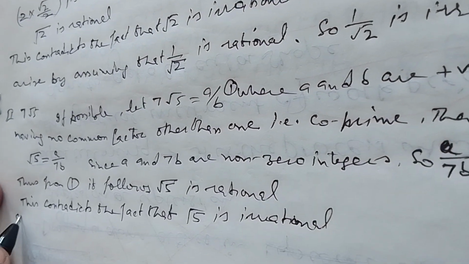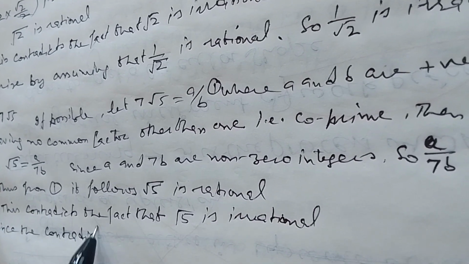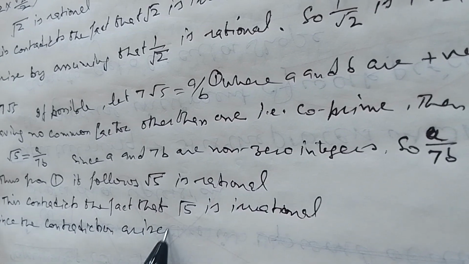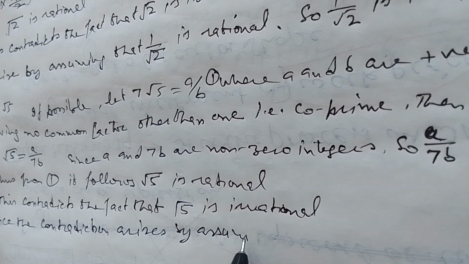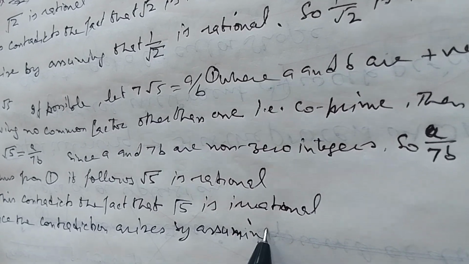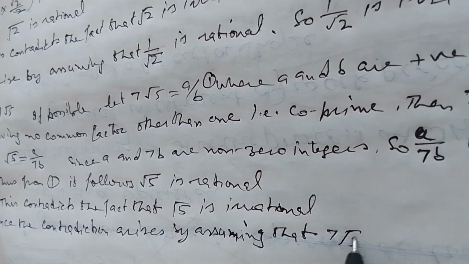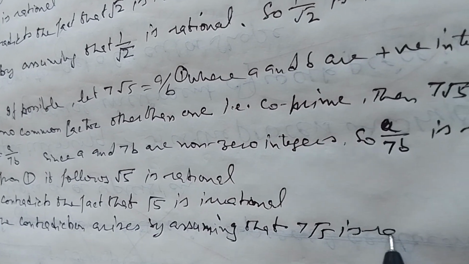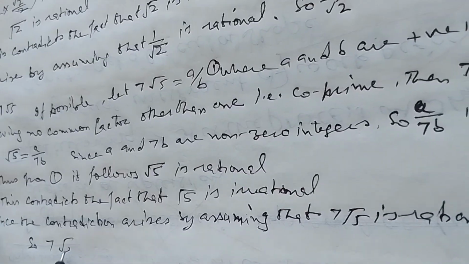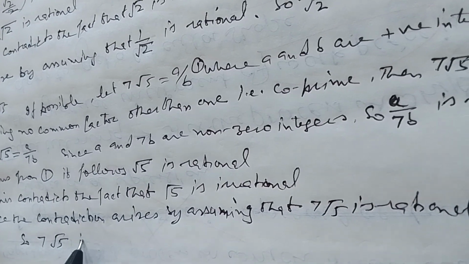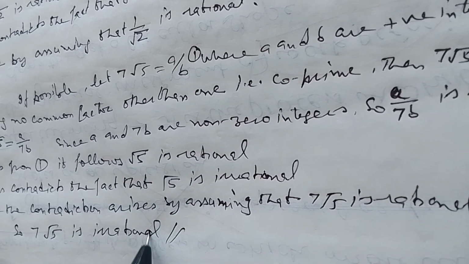Since the contradiction arises by assuming that 7 root 5 is rational, so 7 root 5 is irrational. So this is the second part of the third question.